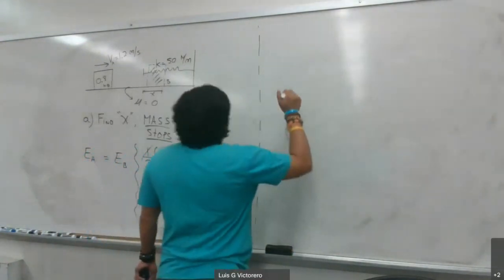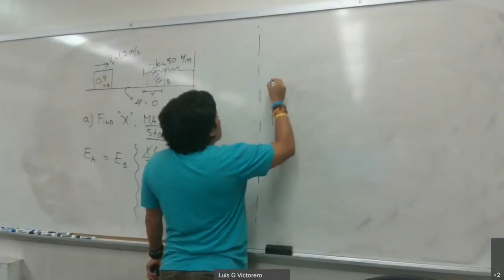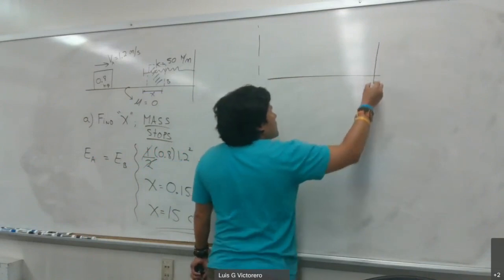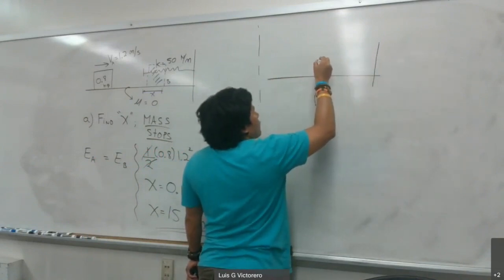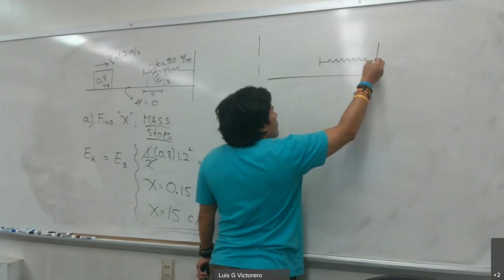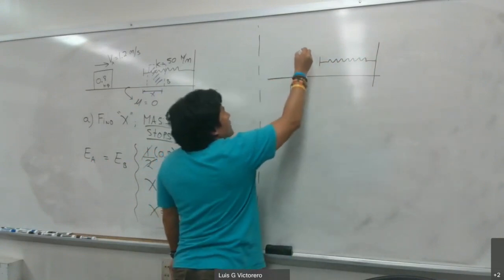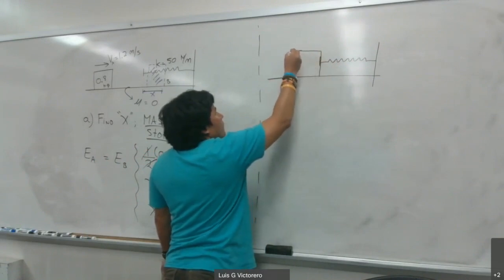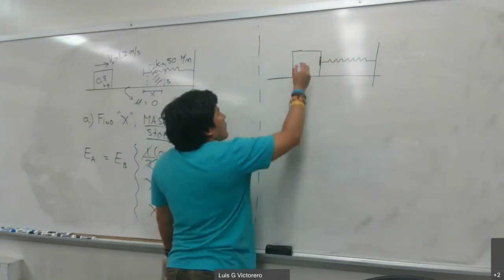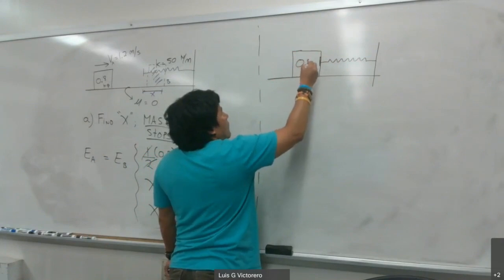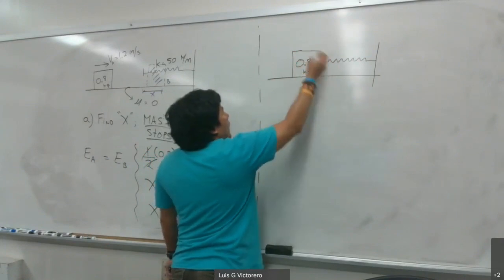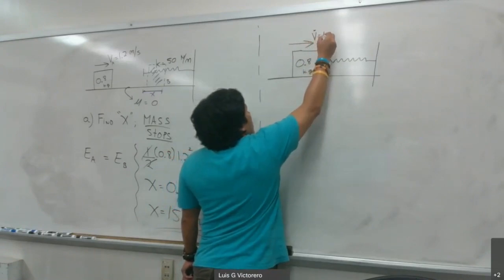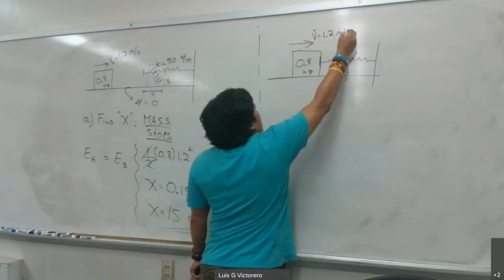So now you have the same situation here, but now the mass is here, and the velocity is again at that point.